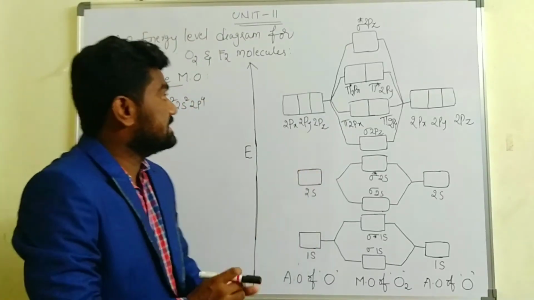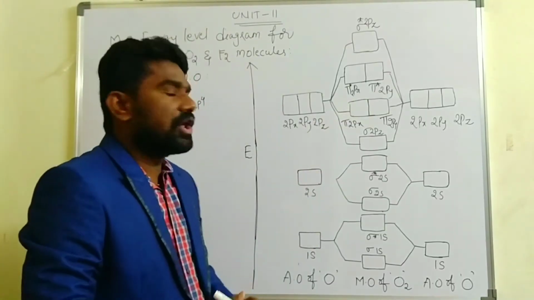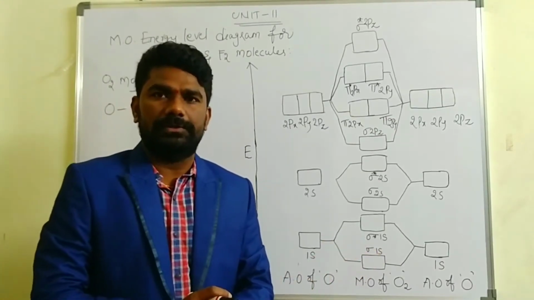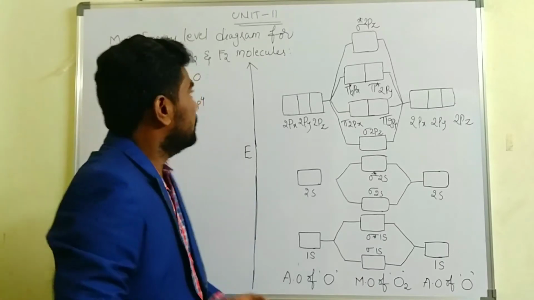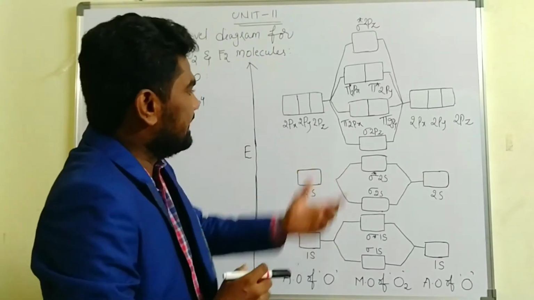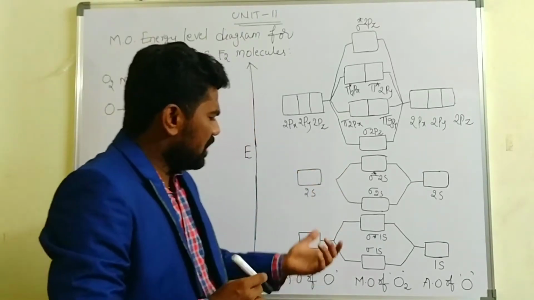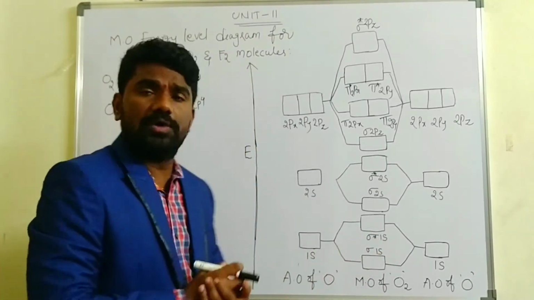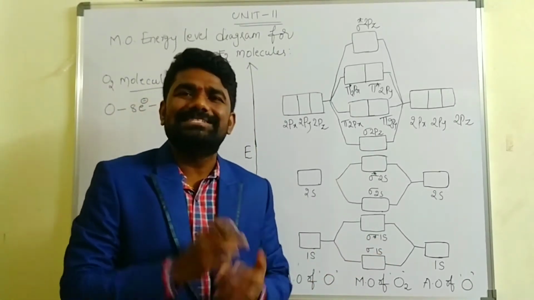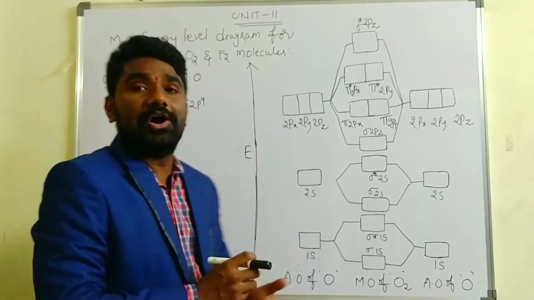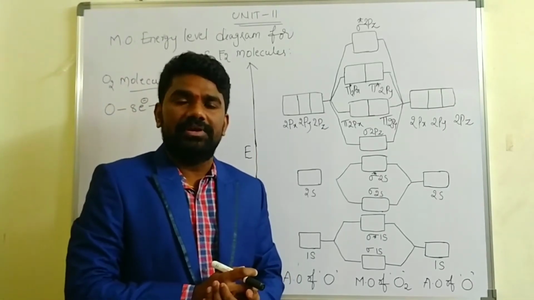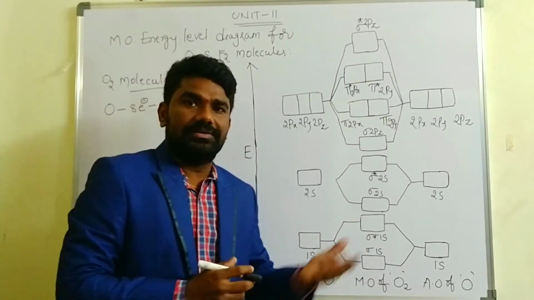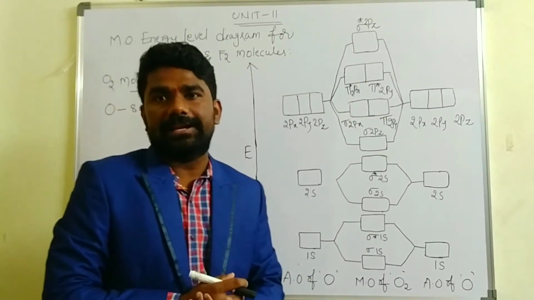This is the molecular orbital energy level diagram for the oxygen molecule. If you see here, this diagram is quite similar to the molecular orbital energy level diagram of N2, that is, the nitrogen molecule, as we discussed in the earlier class.